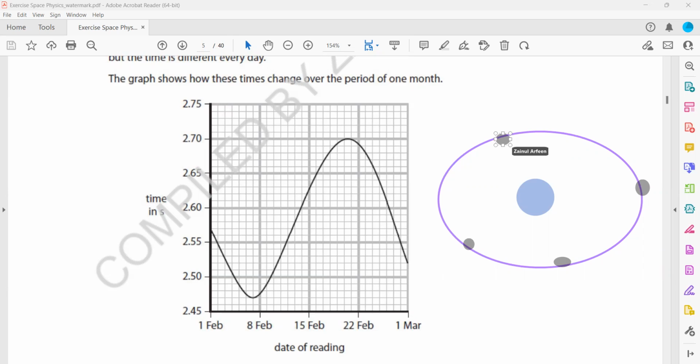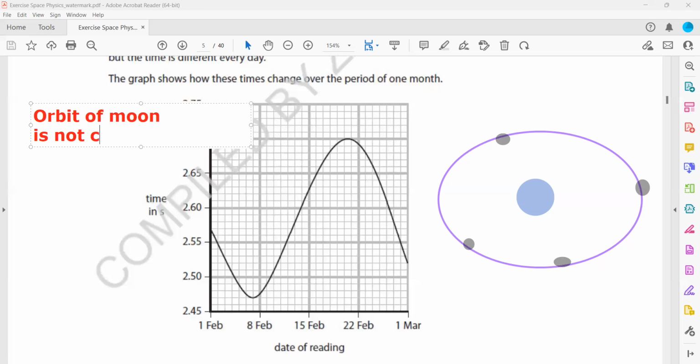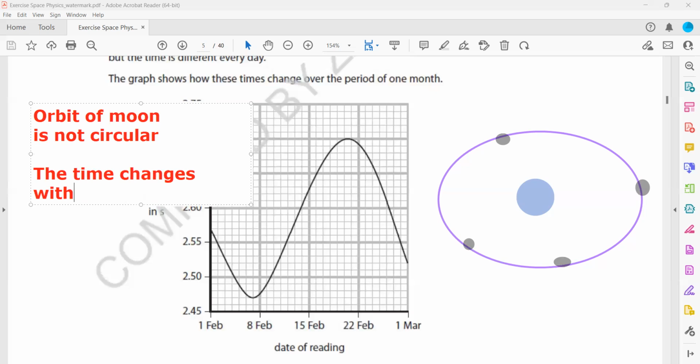So the points you will include: number one, the orbit of the moon is not circular or a perfect circle. The second, the time changes with a cycle of 27 days. You can mention 27 or 28.